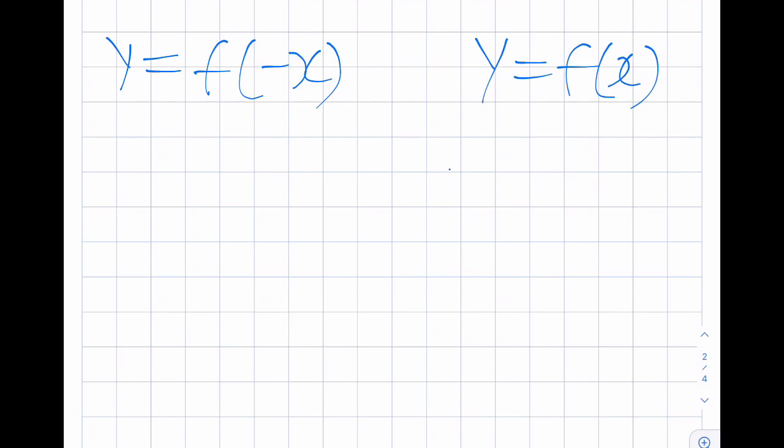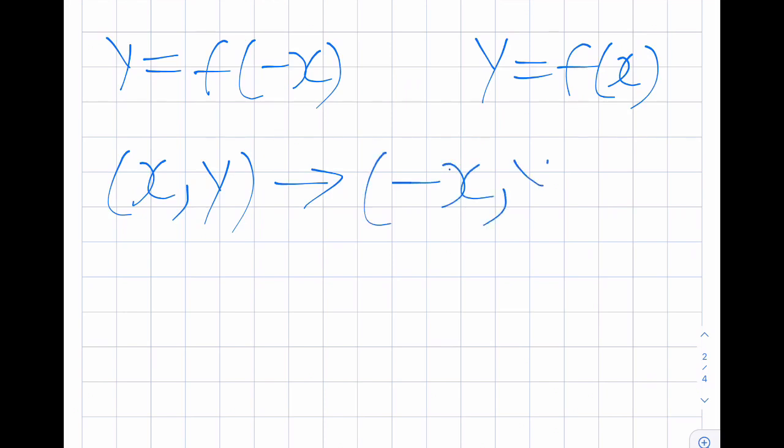And for mapping notation, we can express this as (x, y) maps to (-x, y).